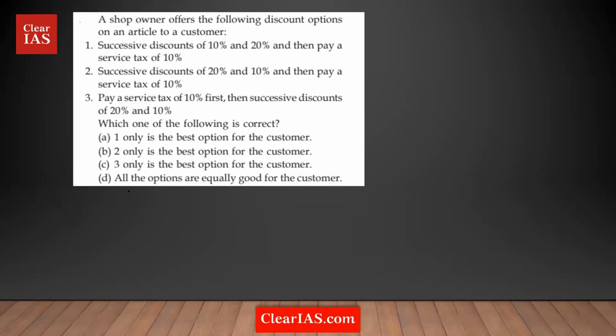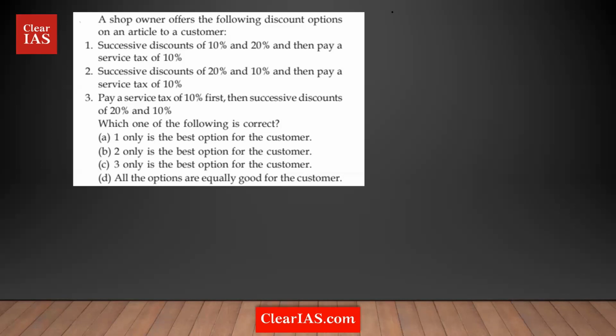Okay. So all of you remember we have discussed a case where in successive changes the order doesn't matter, right? So here it's the same. Service tax of 10% is nothing but you are increasing it. You are adding 10, you are paying 10% extra. Correct.